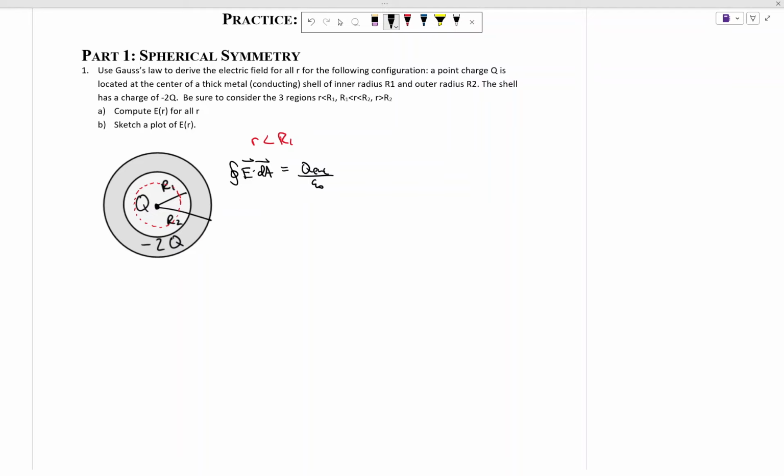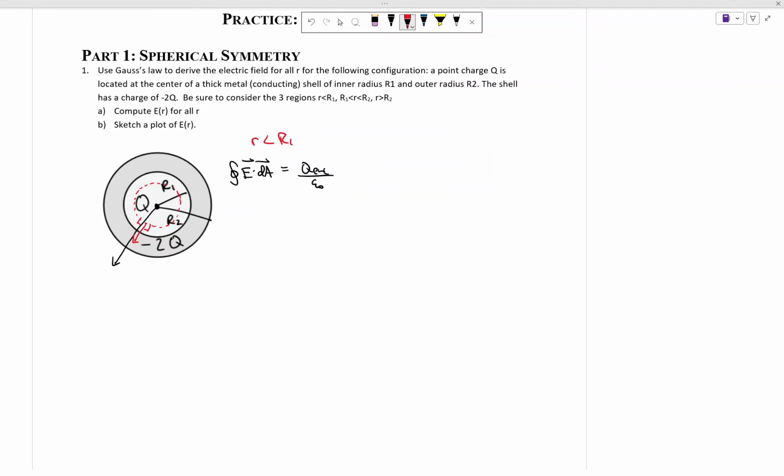Just to reiterate, we're picking the surface because E points radially, and for a sphere the area vector also points perpendicular to the surface. So both of these vectors are pointed in the same direction.